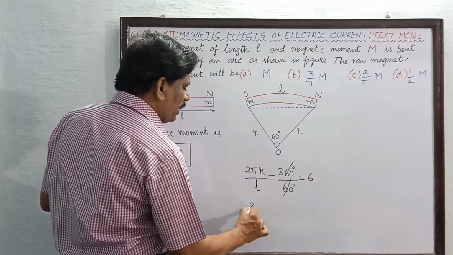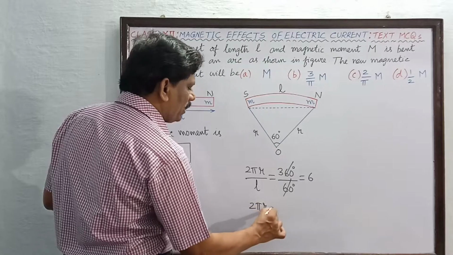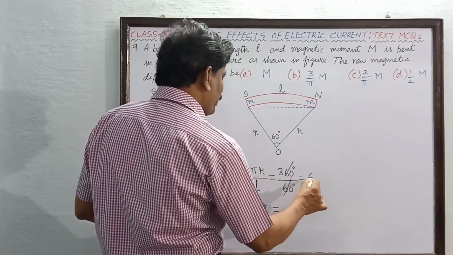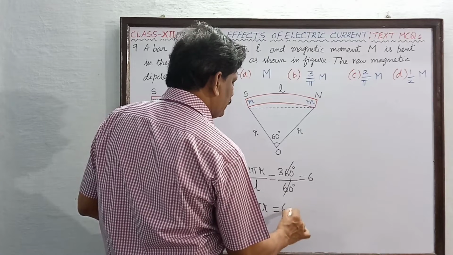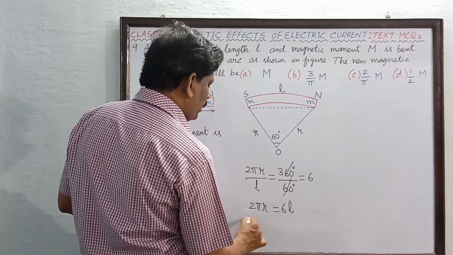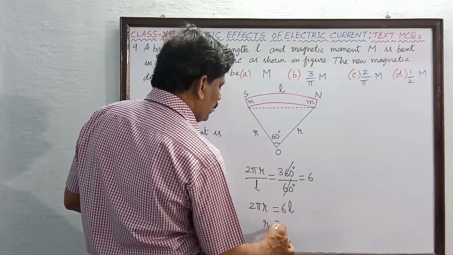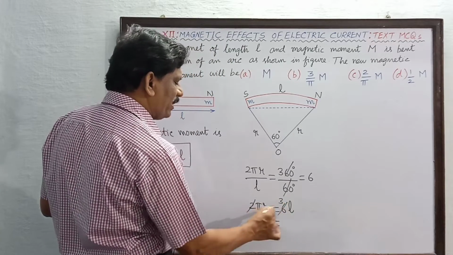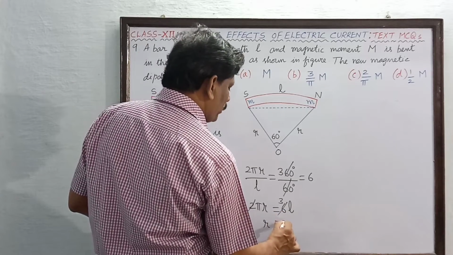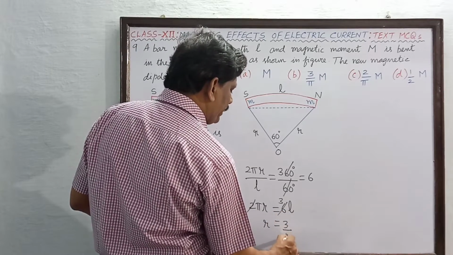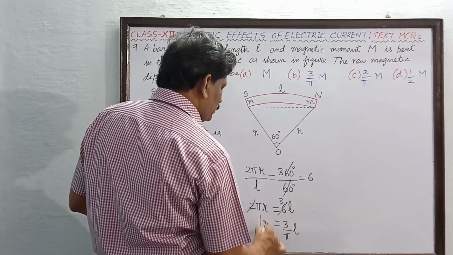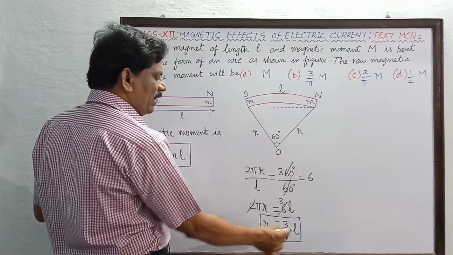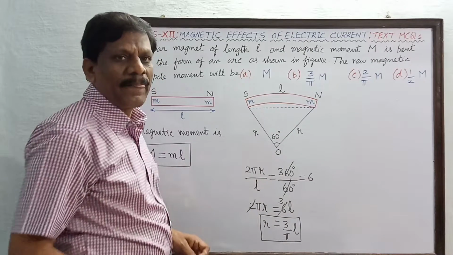So 2 pi r is equal to 6L. Therefore, if you want, you can cancel, this is 3 times. So pi r is equal to 3L, r is equal to 3 by pi into L. This is the relationship between the radius of this circle r and the length of the magnet L.